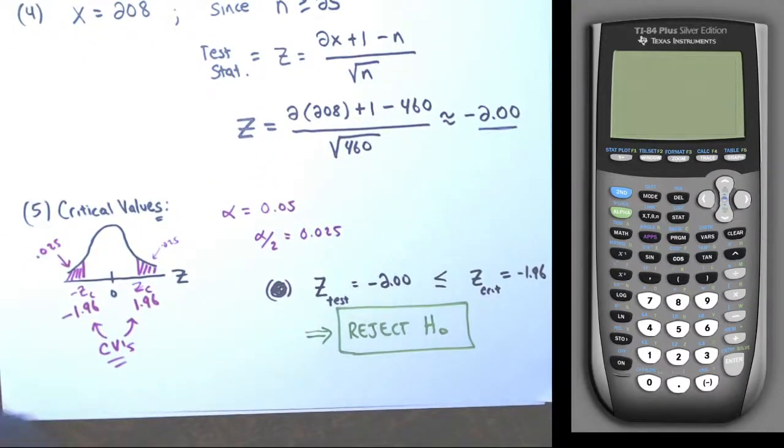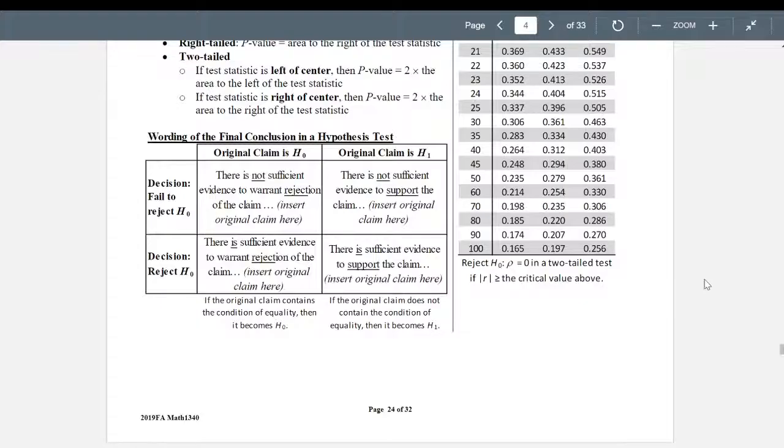All right, so if your wording is in similar language, that's fine, but let me show you a more scientific, more proper wording. So this time, looking at this little chart, my claim was in H0, the null hypothesis, and our decision was to reject the null. So there is sufficient evidence, enough evidence in our sample to warrant rejection of the claim.